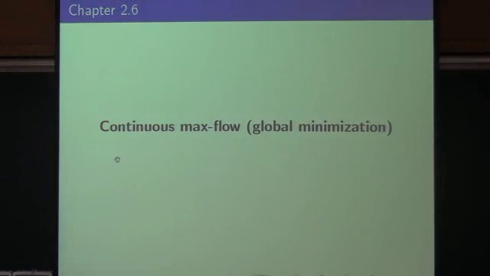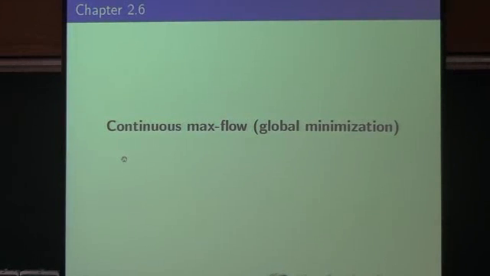Once you observe this relationship, now we are trying to turn everything into the continuous case. Graph cut, because it's combinatorial, always guarantees a global minimizer. When you finish the computation, because there are only finite possibilities, the minimizer you get is always a global minimizer.